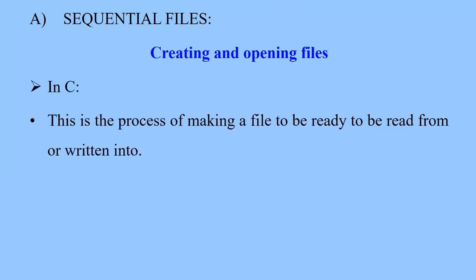In C, creating a file or opening a file is the process of making a file ready to be read from or written into. Creating and opening a file is a process of making a file ready to be read from or written into, whether in C, in Pascal, or in any other programming language.